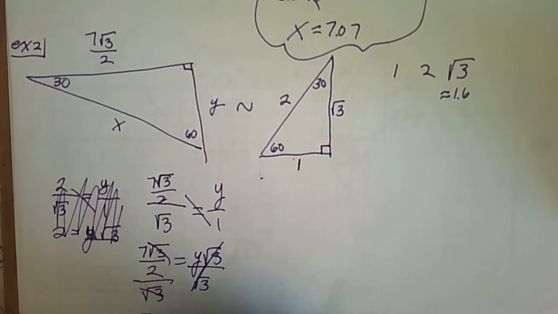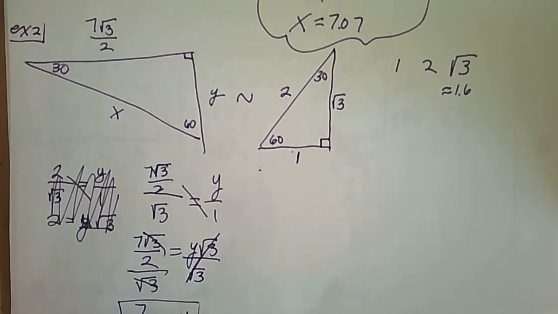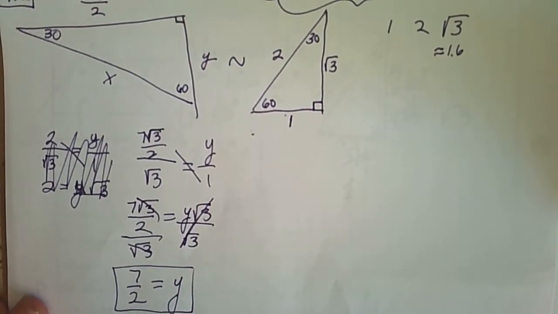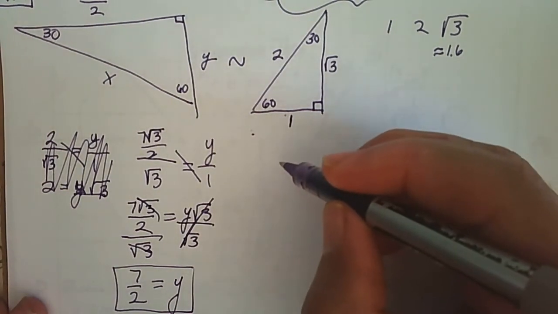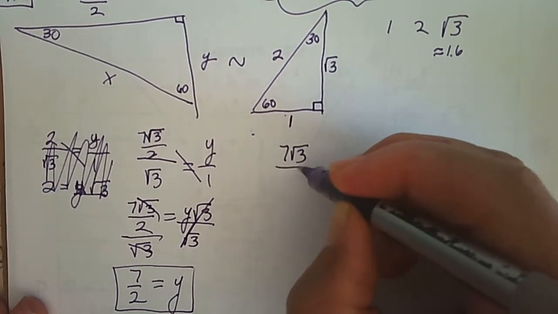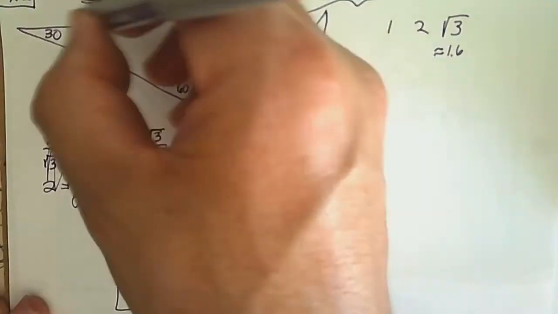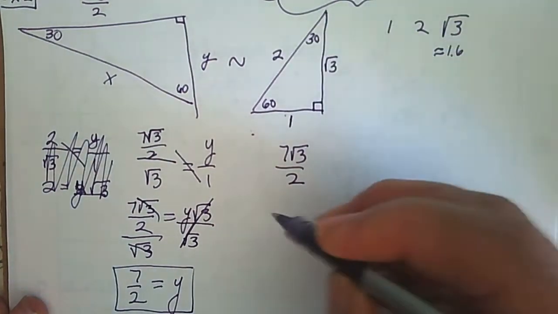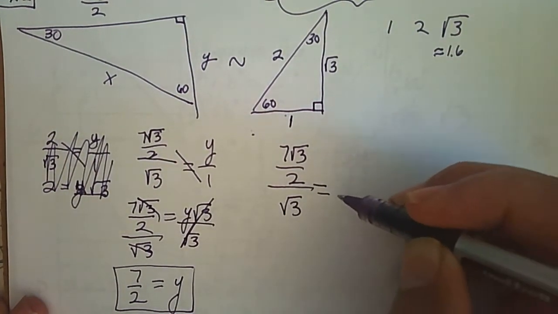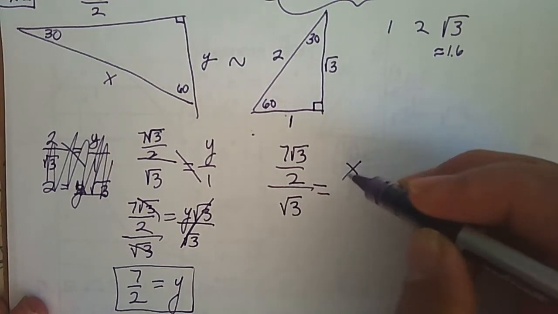So the answer will be 7 over 2. So I found the y already. Now, let me find the x. Start with the same ratio. 7 radical 3 over 2 is my long leg. The long leg in this case would be radical 3. Now I'm looking for x.